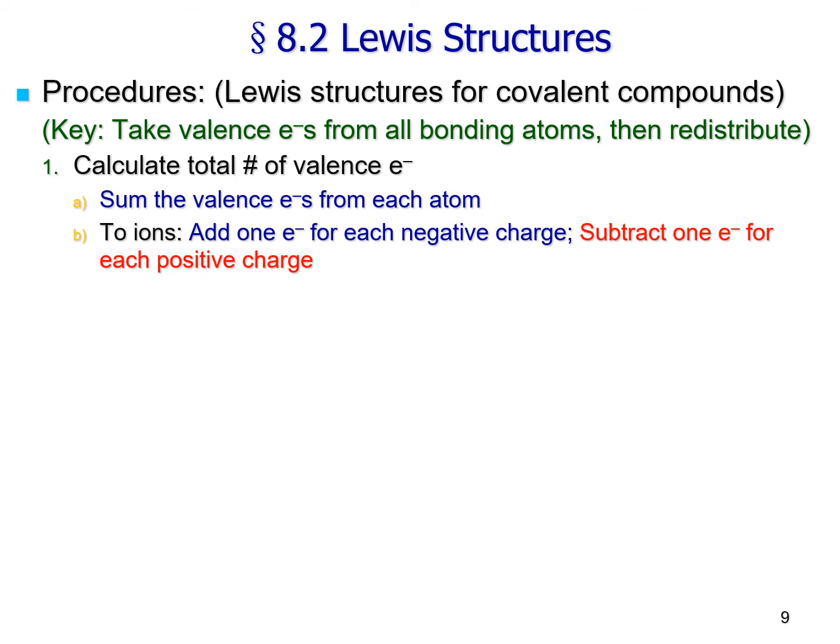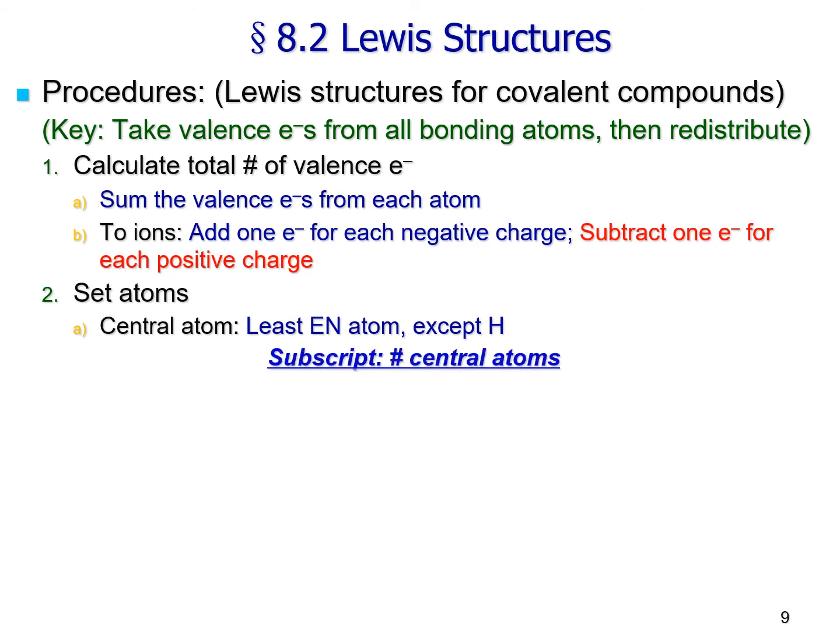Once we know how many valence electrons we have for such a formula, we set up atoms, particularly the central atom. We pick the central atom, the one with the least electron activity. That is the reason why we have to introduce electron activity to begin with, and we have to understand which one has a higher electron activity than the other, or vice versa.